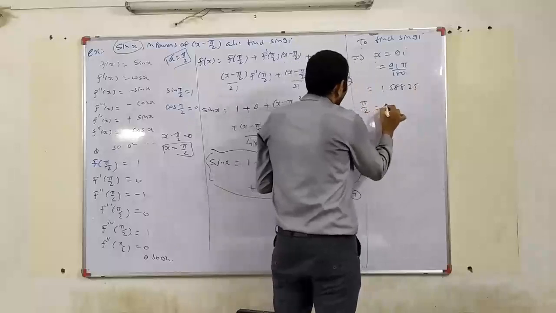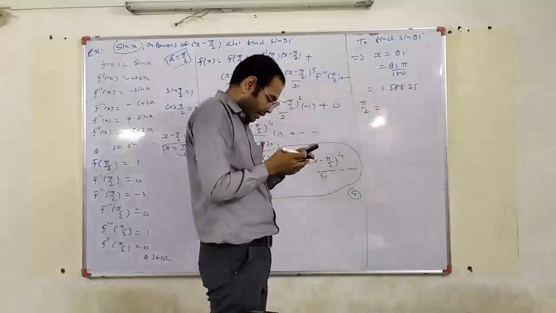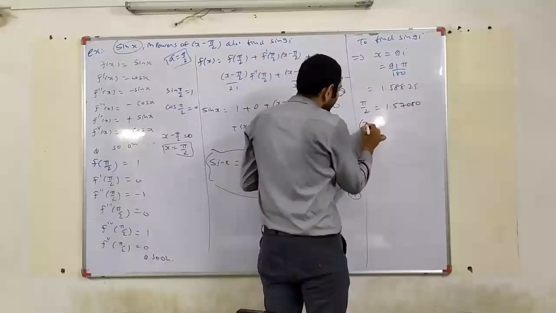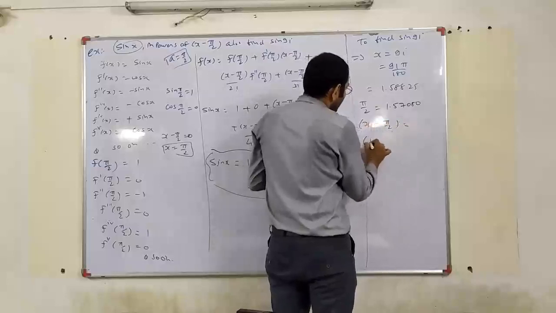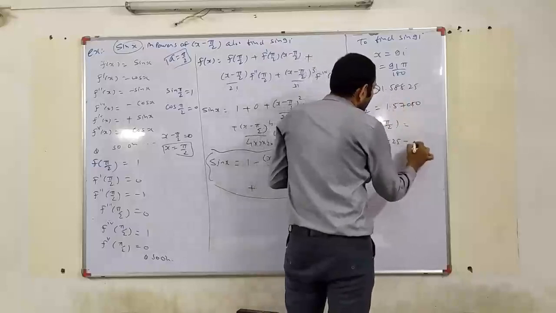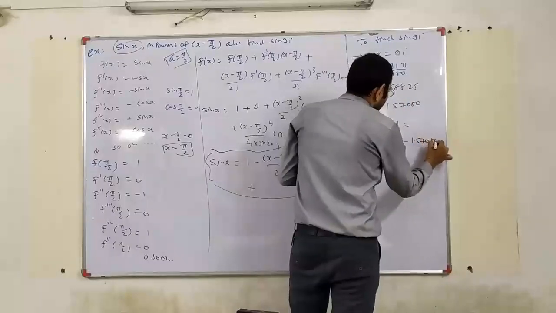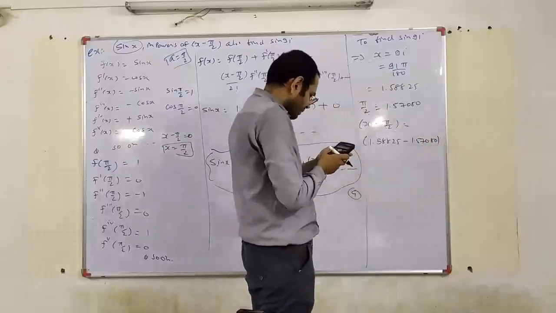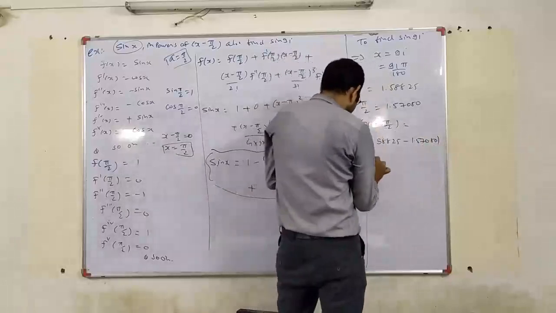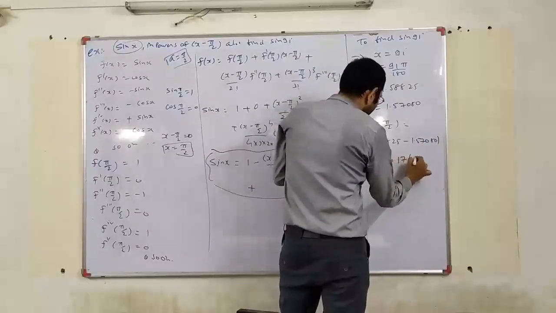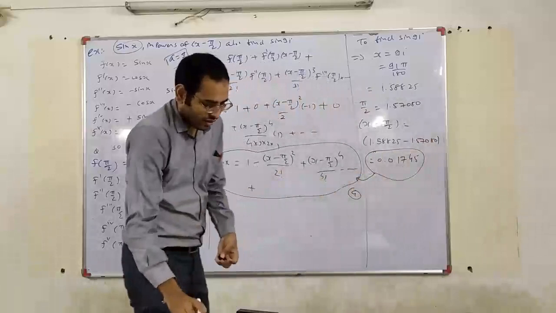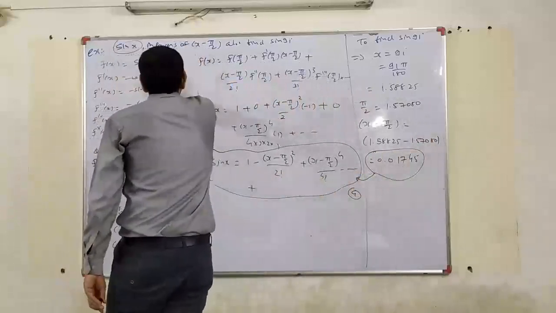Here pi by 2 gives 1.57080. Then we require x minus pi by 2, that is 1.58825 minus 1.57080. Subtracting these terms, we get 0.01745. Then substitute this value in this equation, and we get the value of sin 91 degrees.